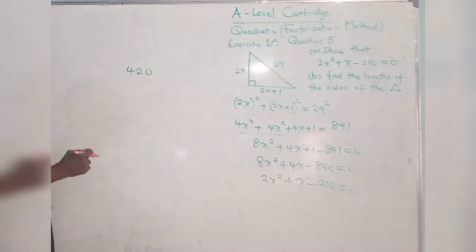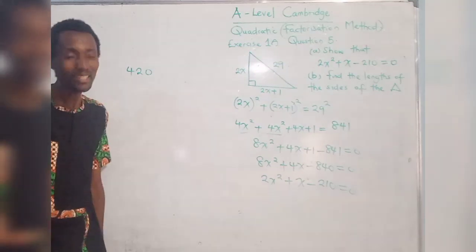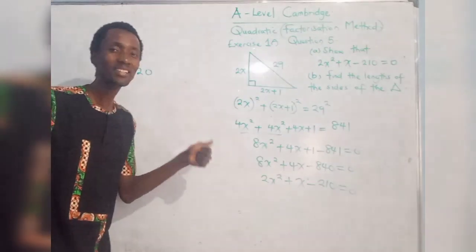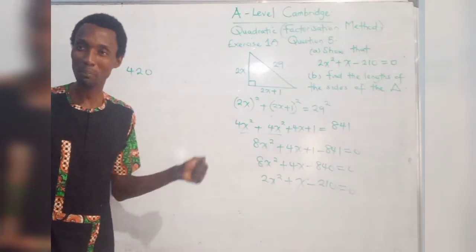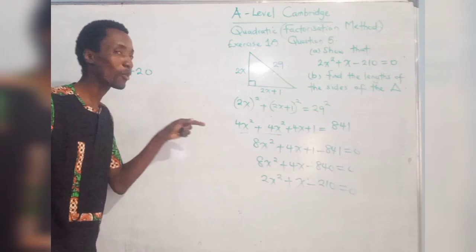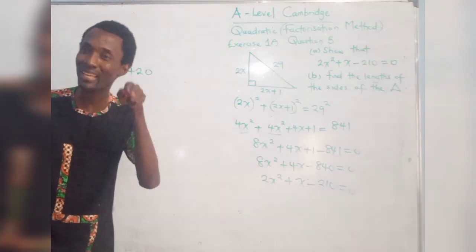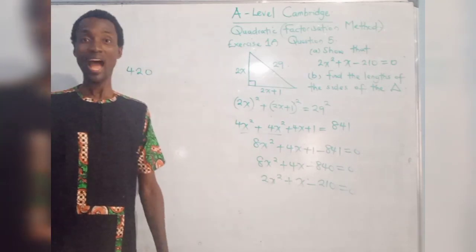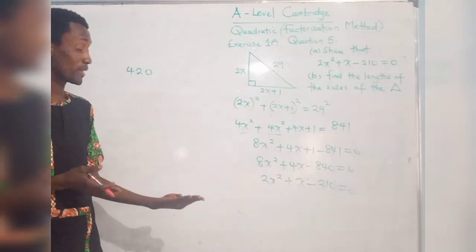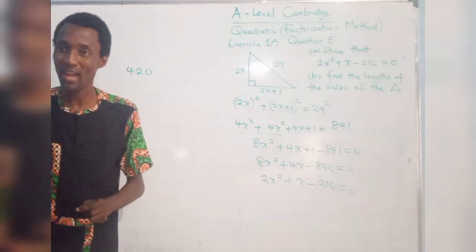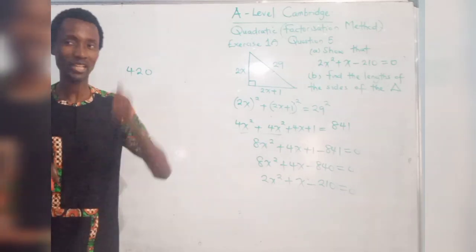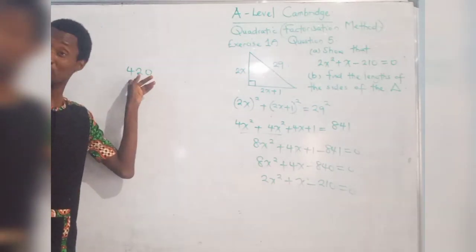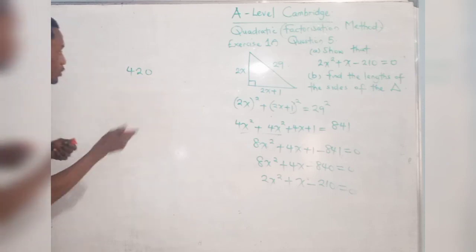Now, the next thing I'm going to pay attention to is the coefficient of x. The coefficient of x is 1, and 1 is an odd number. And because 1 is an odd number, the factors I must take must be such that it will give me 1. We go back to elementary arithmetic: the only way you get an odd number is to add an even number with an odd number. So one factor must be odd and one must be even.